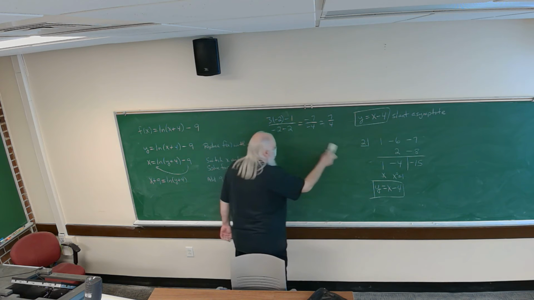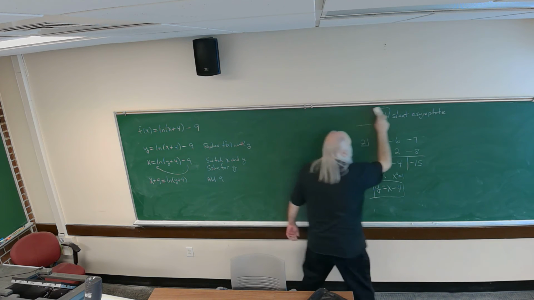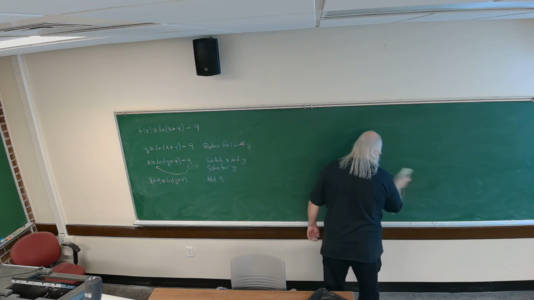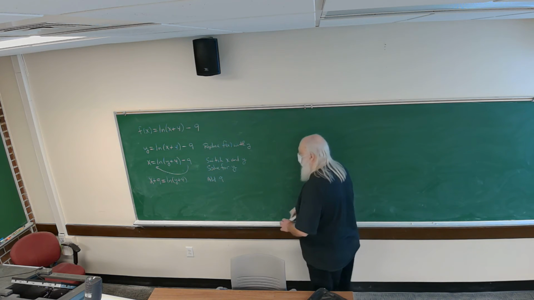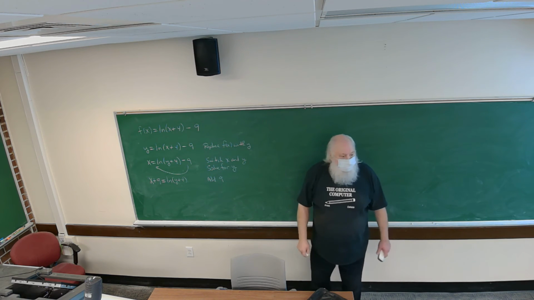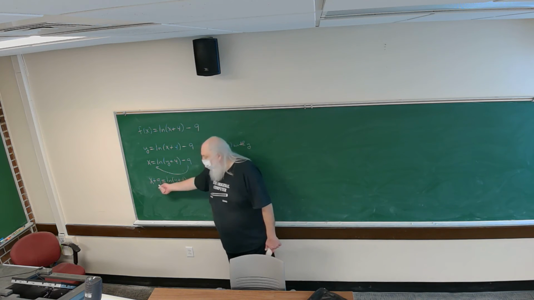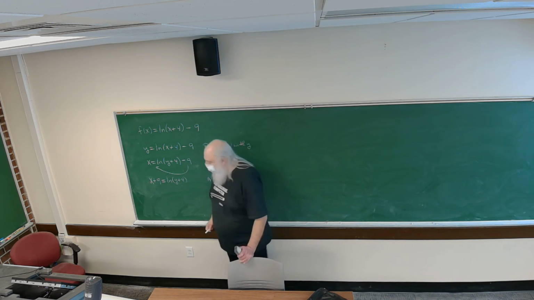Now, y is in the argument of the natural log function. So how do we get rid of that ln on the right-hand side? E, right? Since the left-hand side and right-hand side are equal, we can make them exponents on the number e, right?